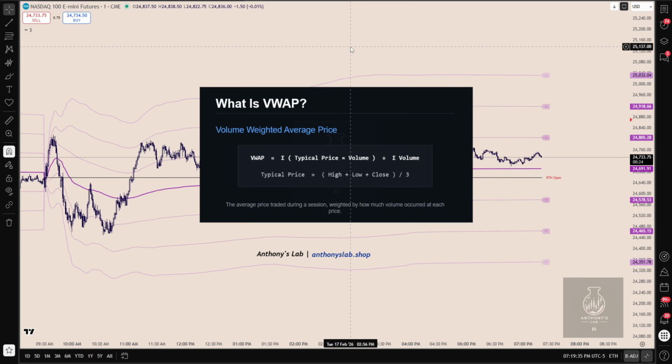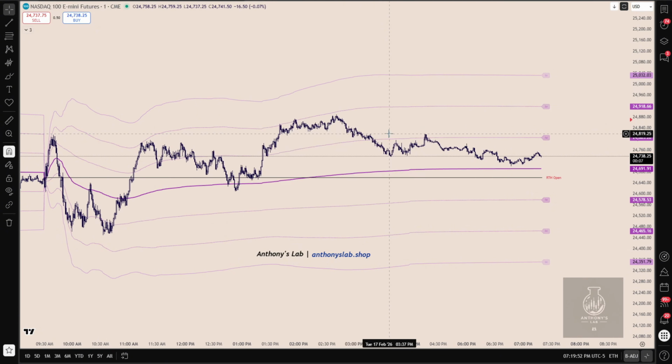It's the average price traded during a session weighted by how much volume occurred at each price. Essentially, it's showing the average price paid weighted by volume for all traders that have traded during the session. To simply put, I view VWAP as the fill line.